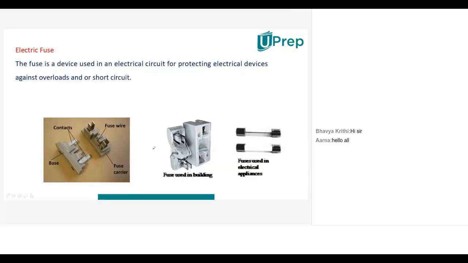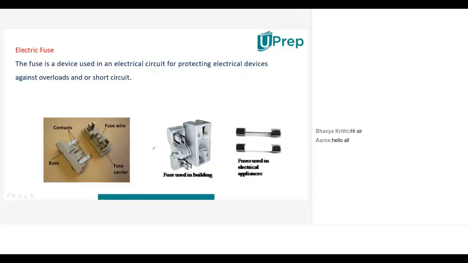Suppose more current comes, then what will happen to the electrical fuse? That electrical fuse will be burnt, and when it is burnt, it will be melted. And when the electrical fuse is melted, what happens? The circuit will become open. And whenever the circuit is open, the circuit is stopped.